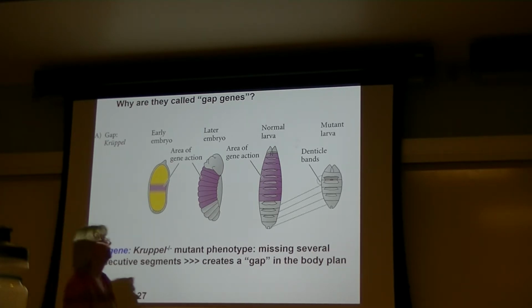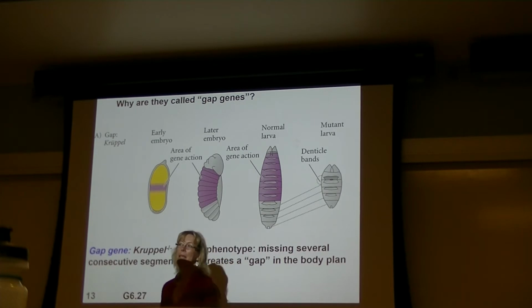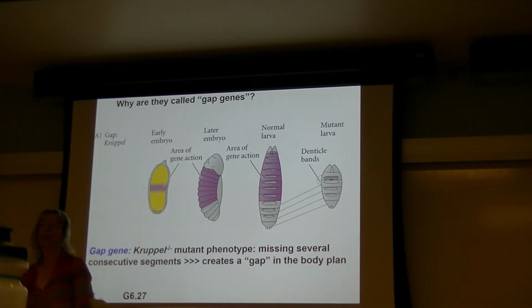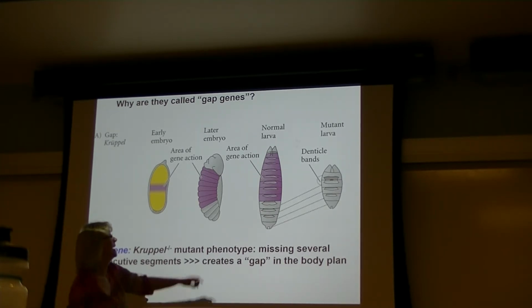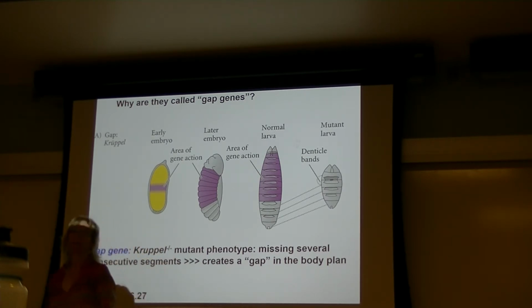If you look at a Krüppel mutant, it looks like this. It's a short, shrimpy larva. But if you look in more detail, you can see why: it's missing all of these segments that have purple here. Those are the segments that were not able to express Krüppel, and they would be missing in the larva once it develops.